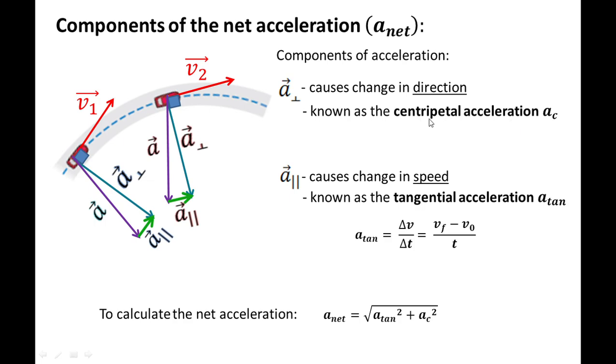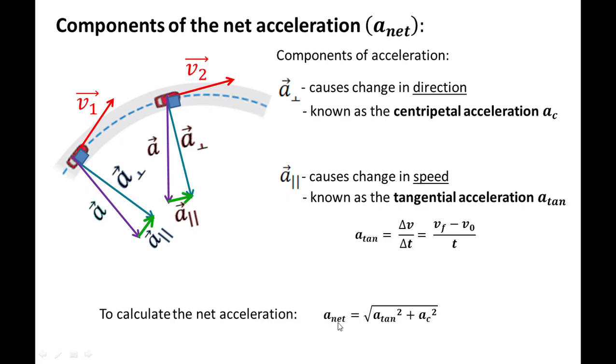We will discuss later on the equation for the calculation of the centripetal acceleration. But given that we have two different types of acceleration for circular motion, that means that we have to calculate the net acceleration, which is also called the total acceleration.